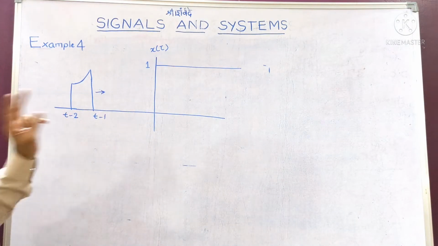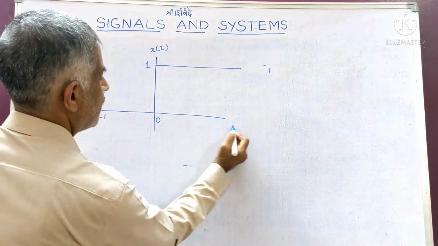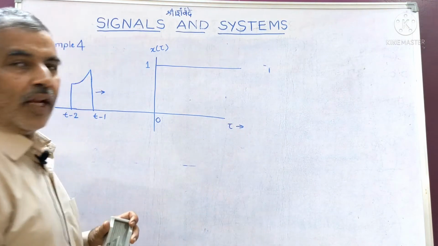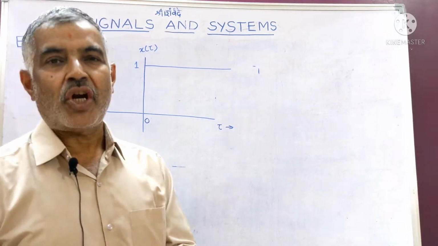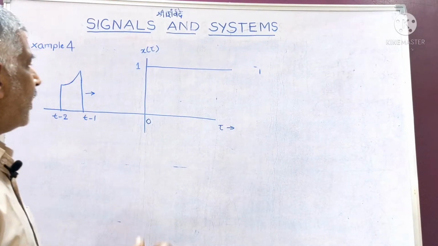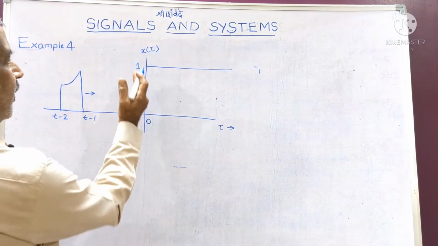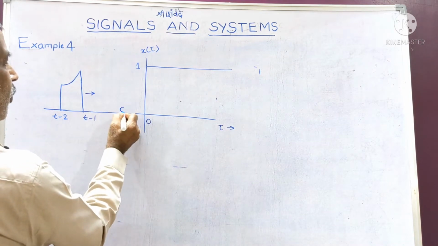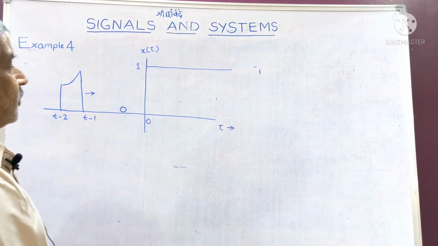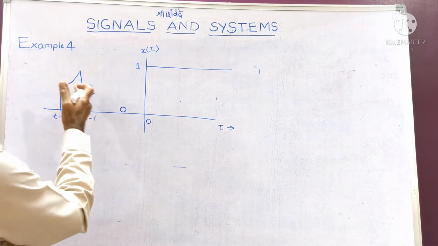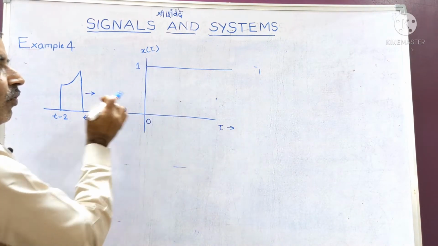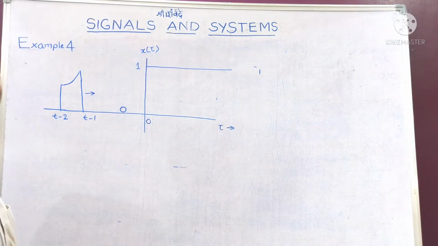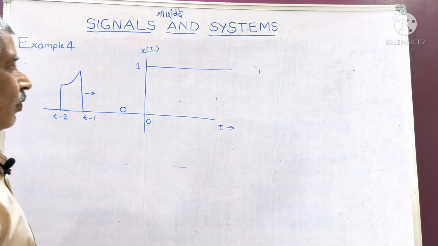From the graph, this is the origin, this is tau. From the graph, once again, you know when overlapping starts. Overlapping will not be there in this region because one of the functions is 0. This function may not be 0, but the step function is 0 for t less than 0. Therefore, the mathematical form is 0.